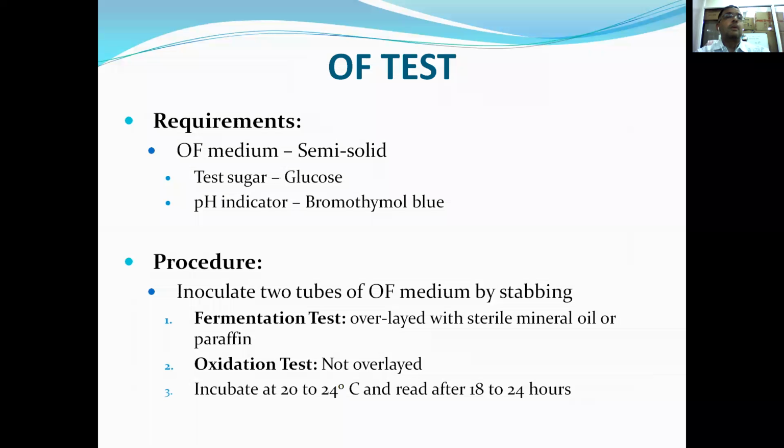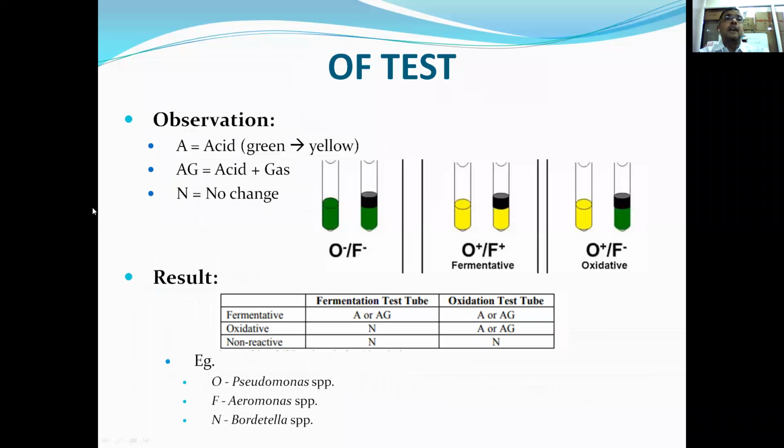In contrast, the second test tube is marked as an oxidative test, and there is no need to cover it with oil or other material. So oxygen is present and oxidative metabolism will be performed. After inoculation, you have to incubate the tubes at appropriate temperature overnight, and then you can go for observation.